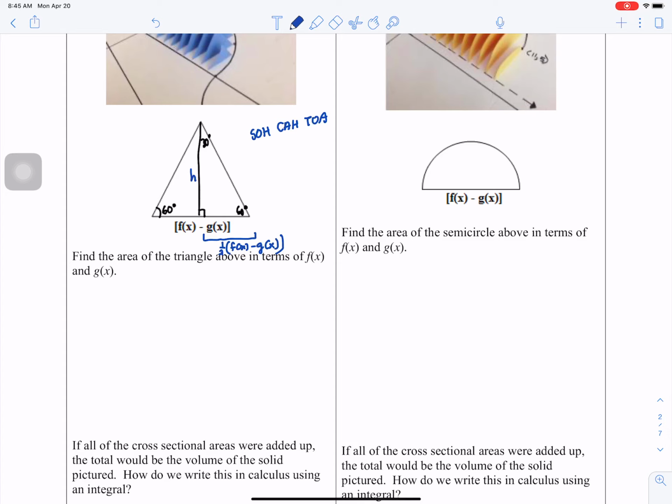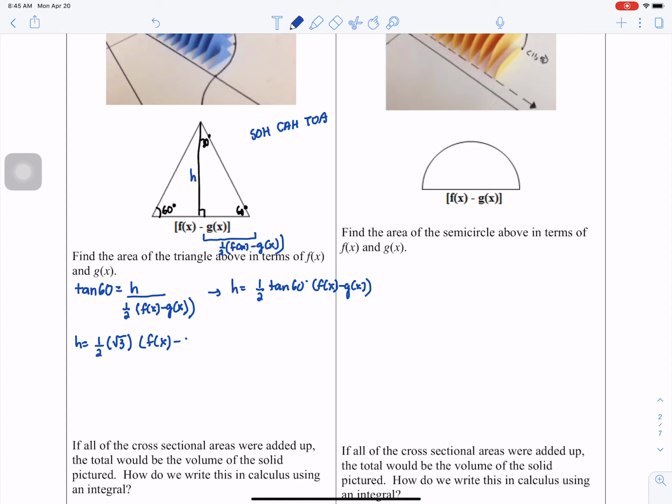So I'm going to end up using tangent. Tangent of 60 degrees is equal to opposite over adjacent, which is 1/2 f of x minus g of x. So I isolate for h. I get h equals 1/2 tan 60 times f of x minus g of x. And then tan of 60 degrees from your unit circle would be root 3, so h is root 3 over 2 times f of x minus g of x.